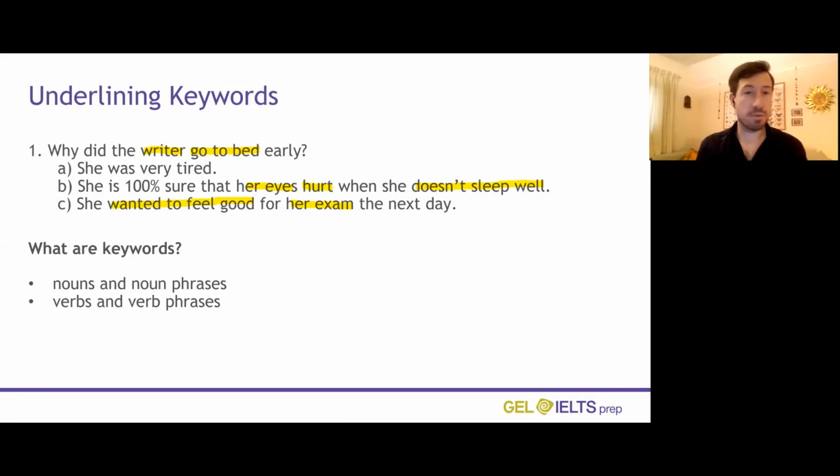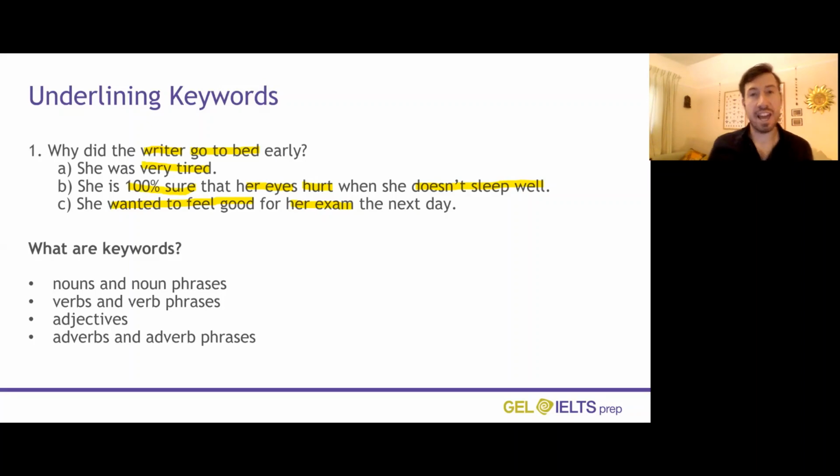The following thing would be adjectives, another key word there. And here we've got the words very tired and 100% sure are adjectives. And then the final thing that you'd want to highlight is all the adverbs or the adverb phrases. So here we've got why. I've also got the word early. I mean, you could say that's part of the verb phrase, go to bed early.